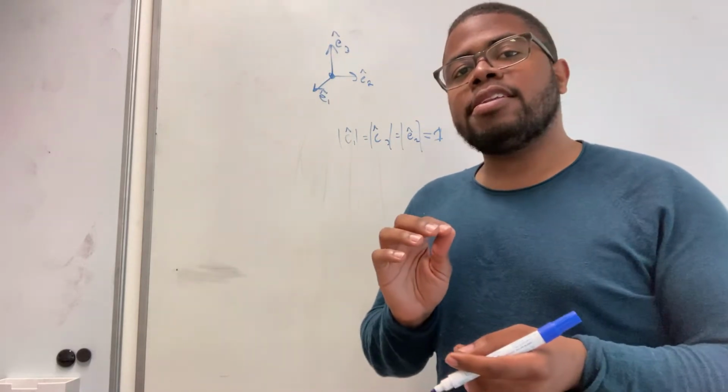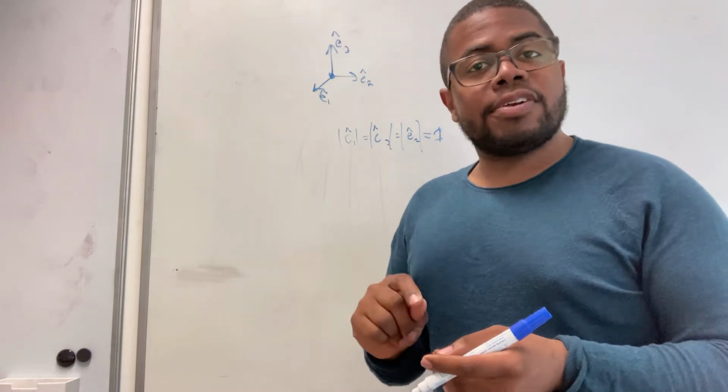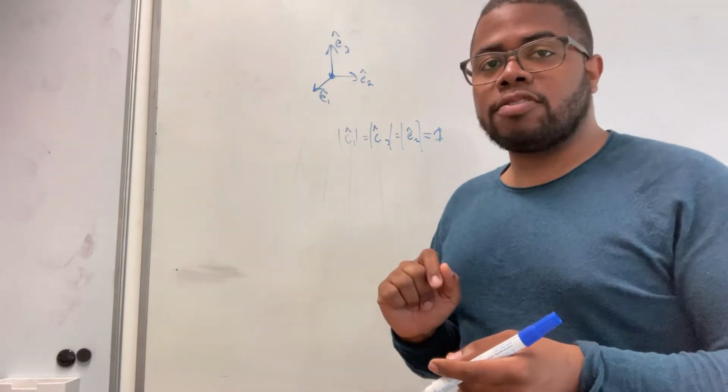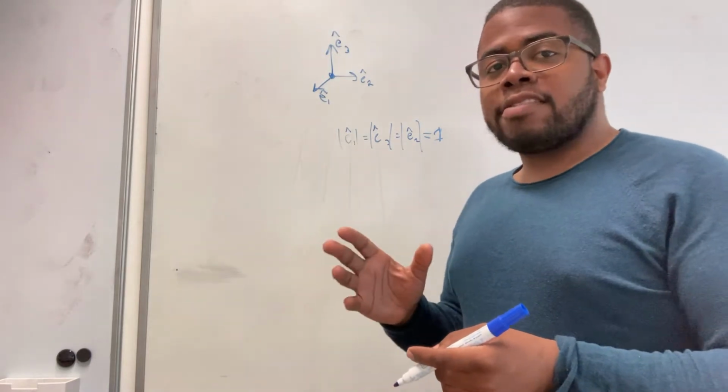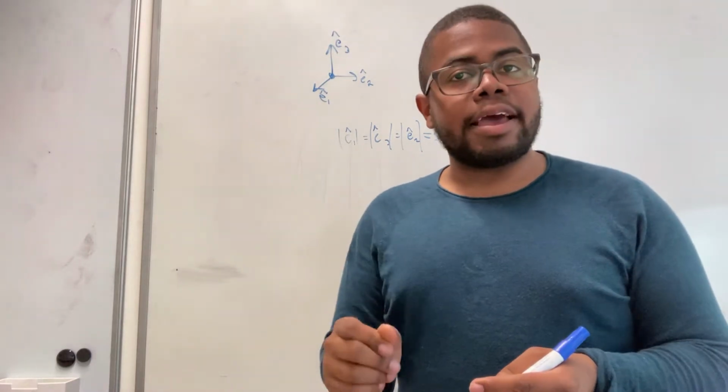But very interestingly, basis vectors do not necessarily have to be unit vectors. You can have non-unit basis vectors as well, and that is what we're going to be looking at a lot today.